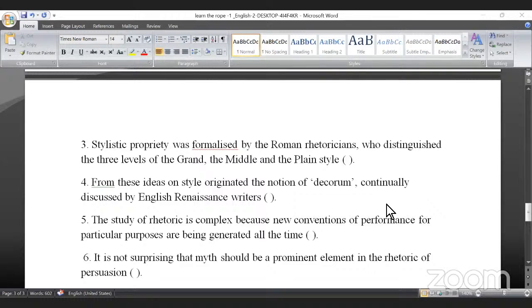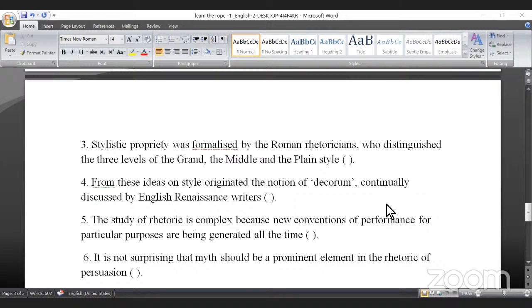I told you the modifier, usually the modified item precedes it. What precedes "who distinguished"? The Roman rhetoricians. "Who" is a relative pronoun used to talk about a person or people, so Roman rhetoricians is what is being modified by "who distinguished the three levels of grand," and so on. So this is an example of an adjectival clause.